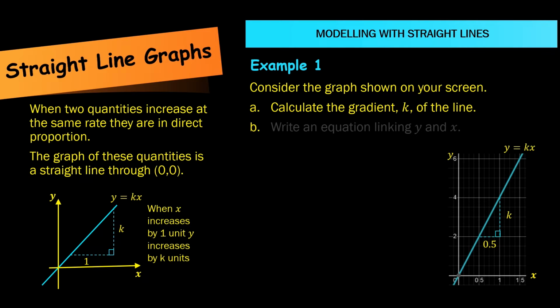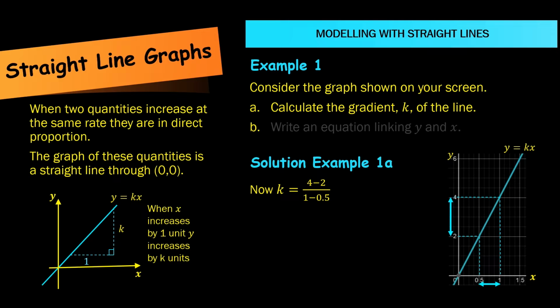So let's consider the solution to example 1a first. We are required to consider the graph shown on our screen and calculate the gradient k of the line. Notice that when x increases by 0.5, y increases by k.